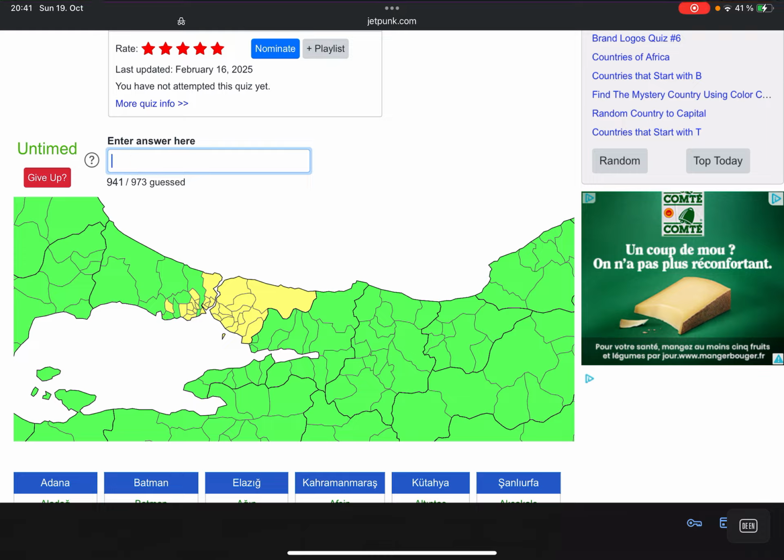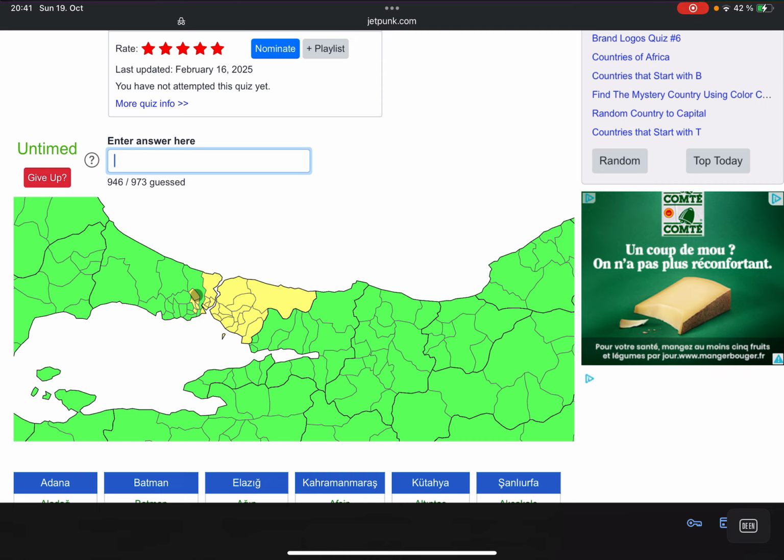Esenler, Esenyurt, so I think that's what this one is. We have Küçükçekmece, Bağcılar, Bahçelievler, and Bakırköy.